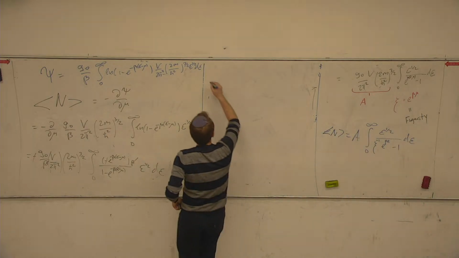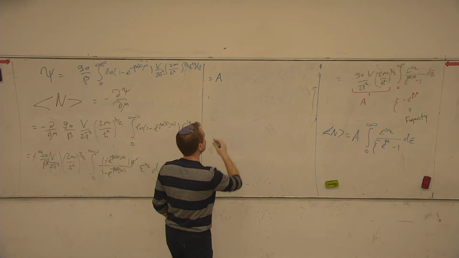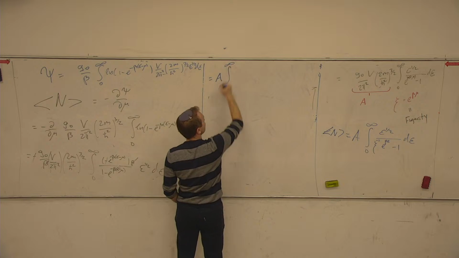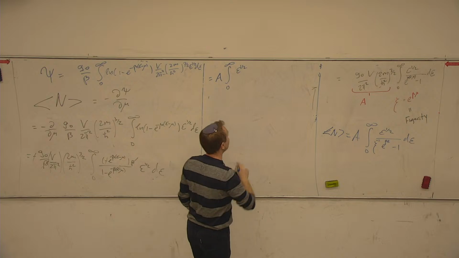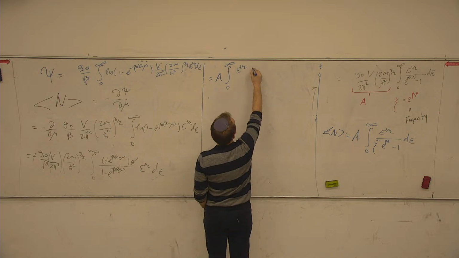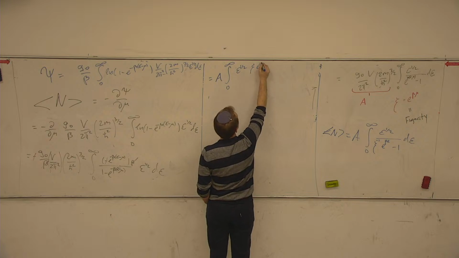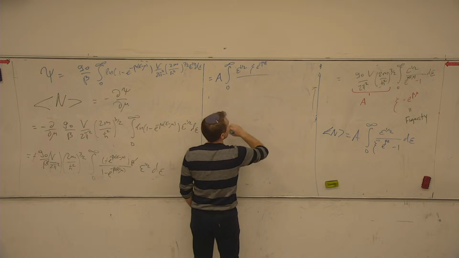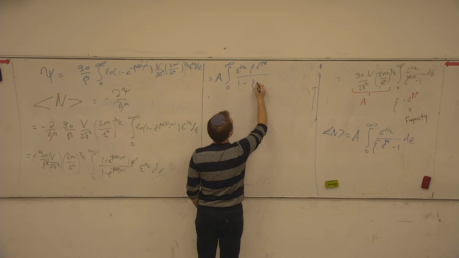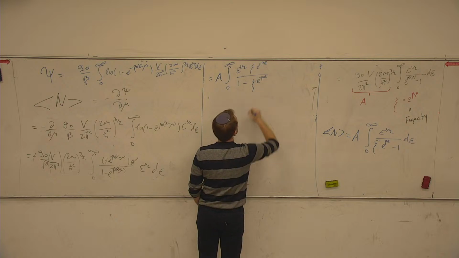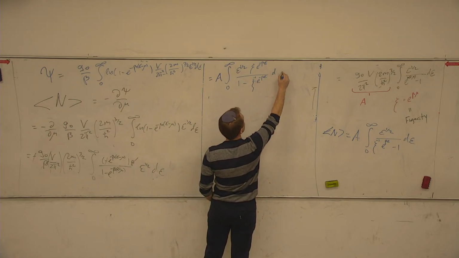So I'm going to translate this integral into the following form. This is an integral from 0 to infinity, epsilon to the 1/2. And I'm going to write here the fugacity, and here e to the minus beta epsilon divided by 1 minus the fugacity e to the power minus beta epsilon, minus 1, d epsilon.